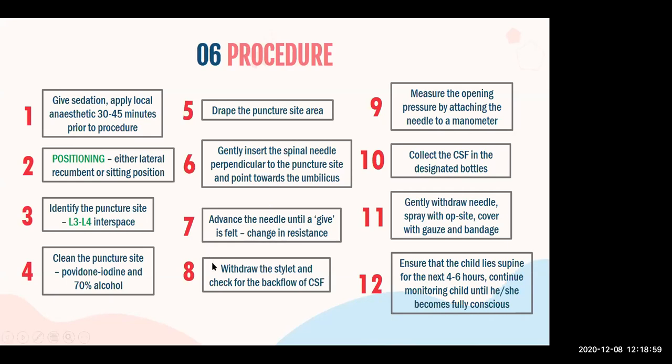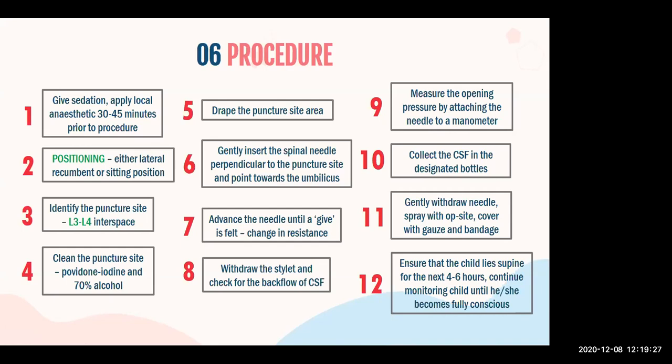And then if we are confirmed to be located at the suitable site at the subarachnoid space, we withdraw the stylet and check for the backflow of the CSF. And then we can also measure the opening pressure by attaching the manometer to the needle.